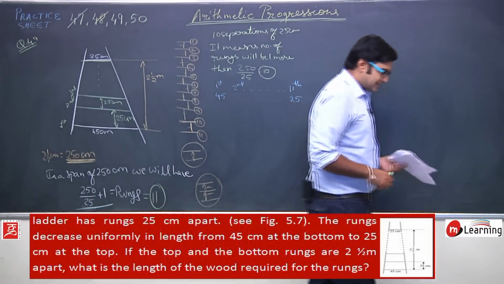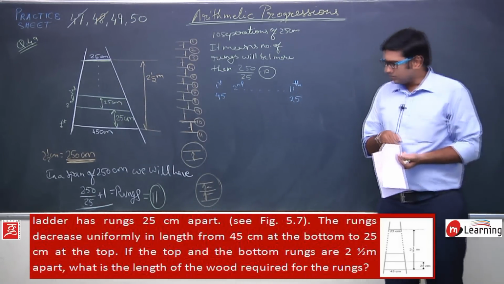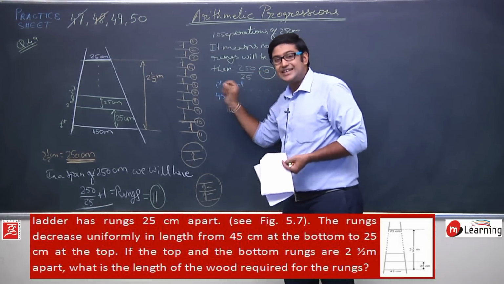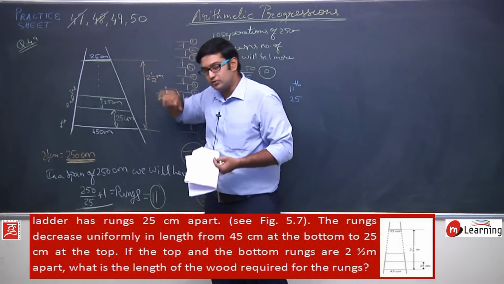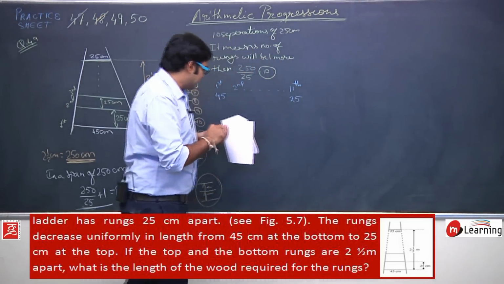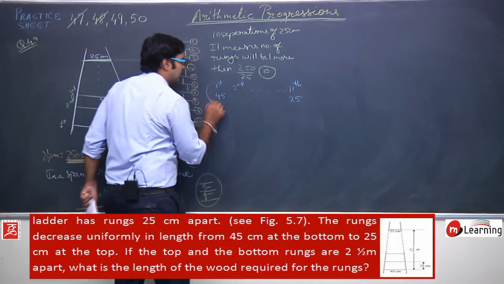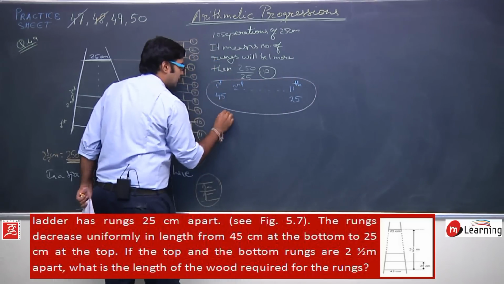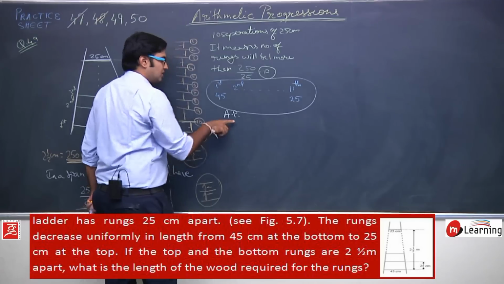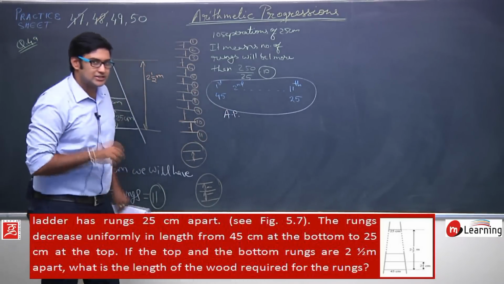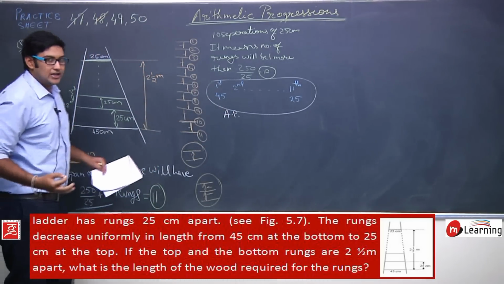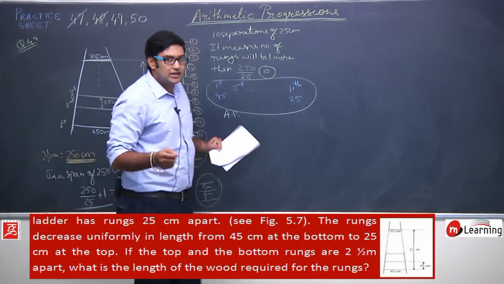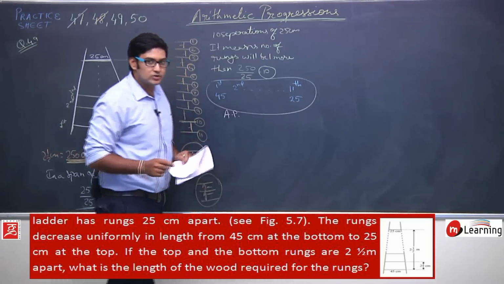So what I can say is, since the length is decreasing uniformly, when you go from 45 to 25, I will say that this is particularly an arithmetic progression. Why am I telling this is an arithmetic progression? It's because the length is decreasing uniformly. If length is not decreasing uniformly, then it will not be an arithmetic progression.